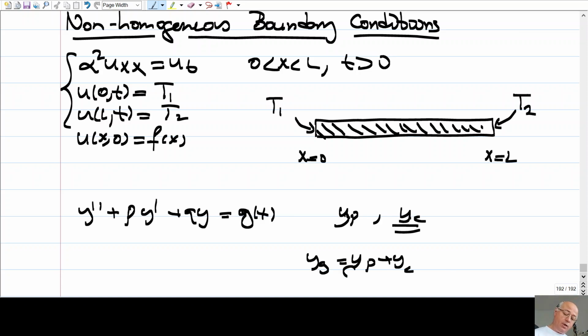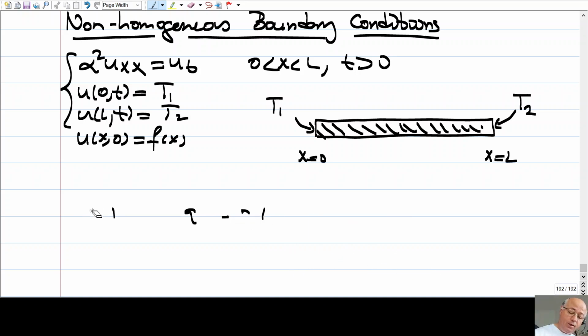We will actually use the same idea here. So what we need is a particular solution.